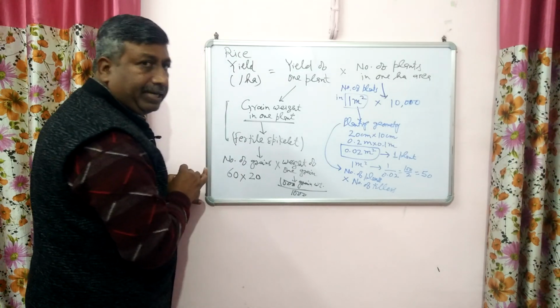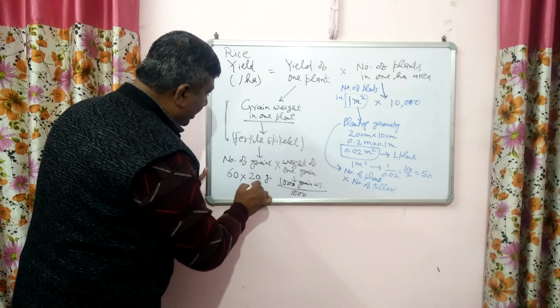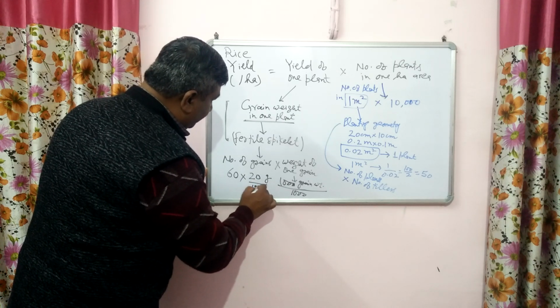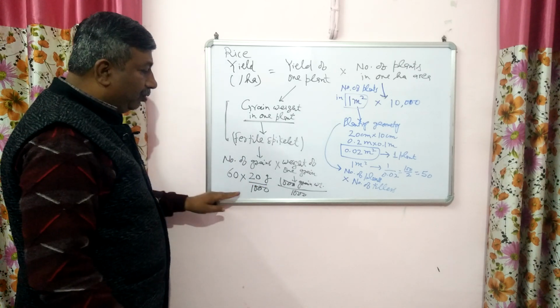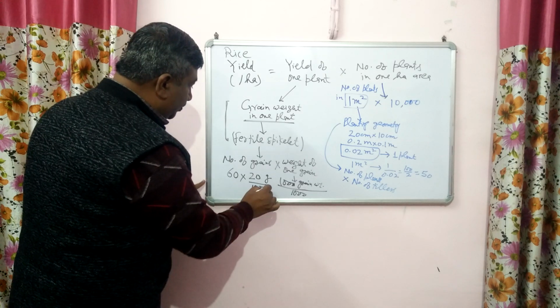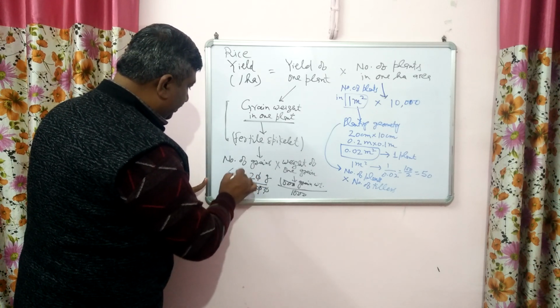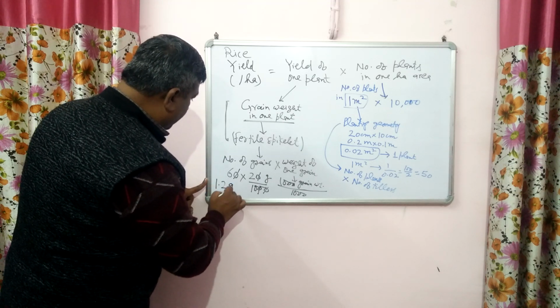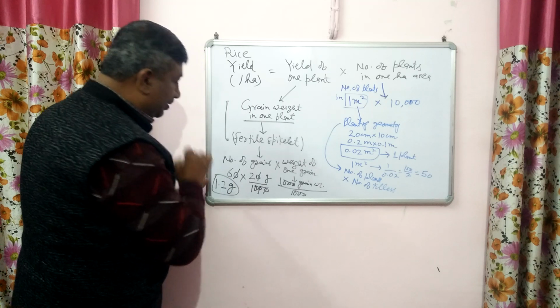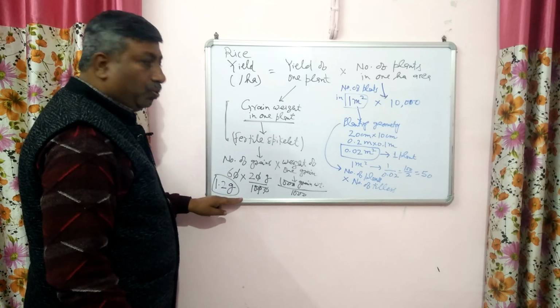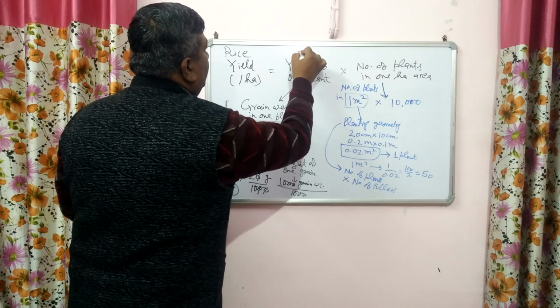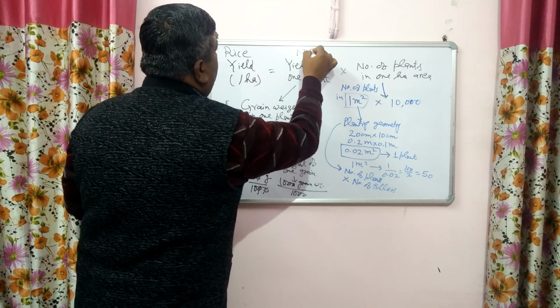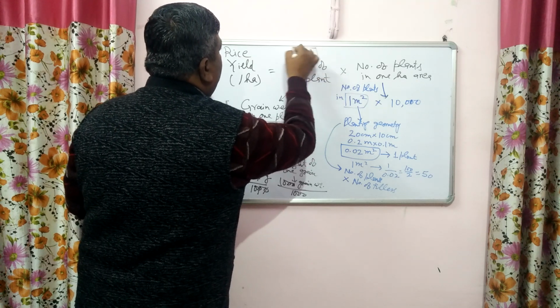It is 1000 grain weight, so it is in gram. Okay, so divided by 1000 to know the weight of one grain. Okay, so the 0 cancels, that is 12, that is 1.2 gram. So the yield is 1.2 gram. So the yield of one is 1.2 gram. It is the yield of one plant.